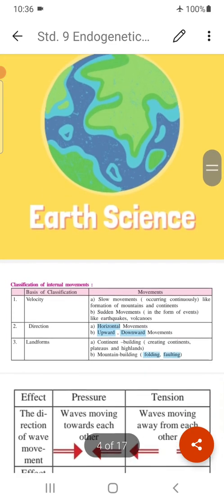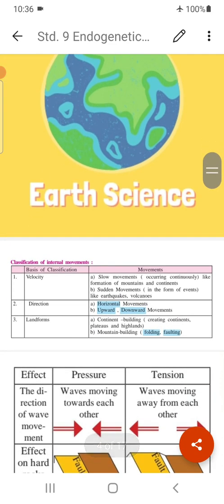So endogenetic movements, we have seen the meaning of this word. Endo means internal, genetic means generated. Internally generated movements are always active under the surface of the earth, and due to these movements some events happen, which we will see in detail.